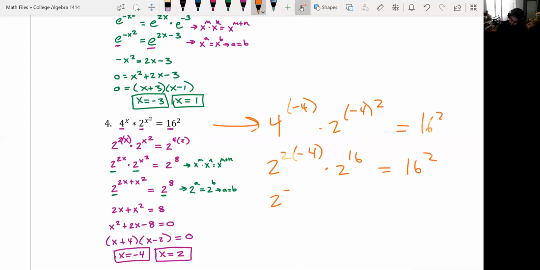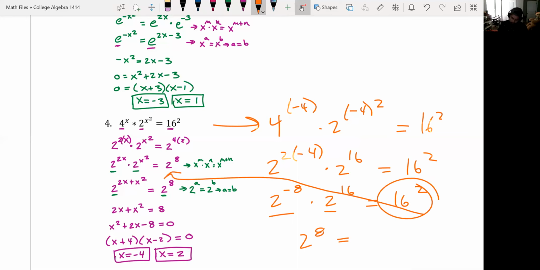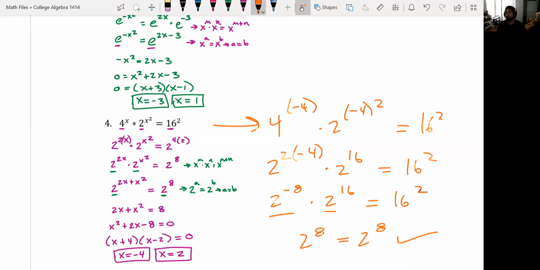So that gives me 2 to the negative 8 times 2 to the 16th, which gives me 16 squared. Add those together, you'd get 2 to the 8th. And 16 squared from earlier was 2 to the 8th. Hey, so it does check out. So always good to check your work as well.